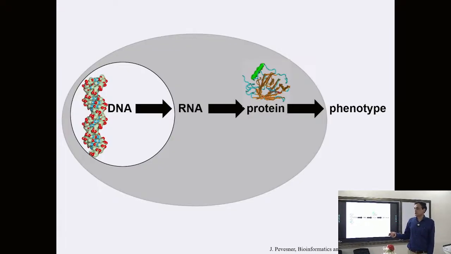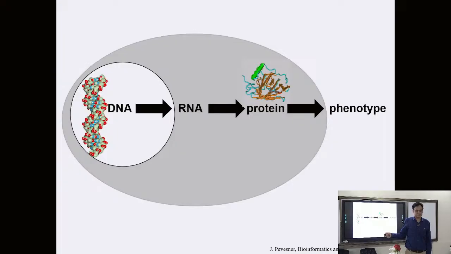DNA can be used as a template to make a copy of a single-stranded molecule called RNA, a process called transcription. RNA can be used as a template to make a protein, a process called translation.